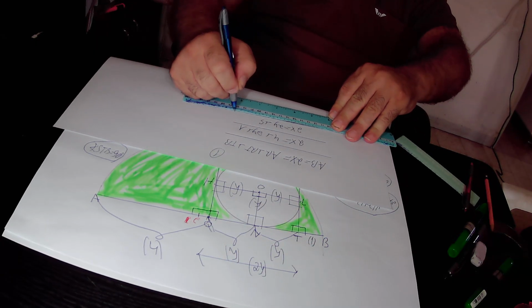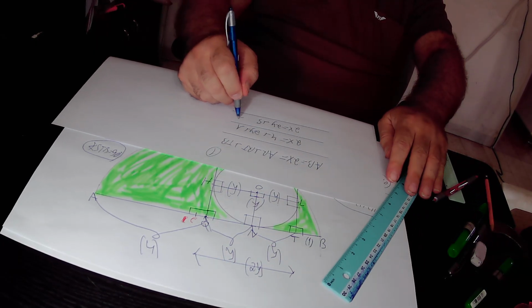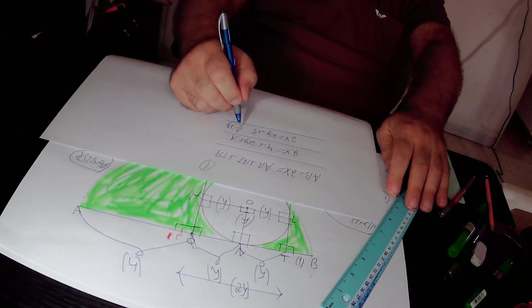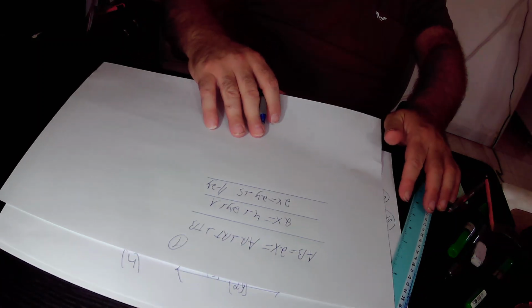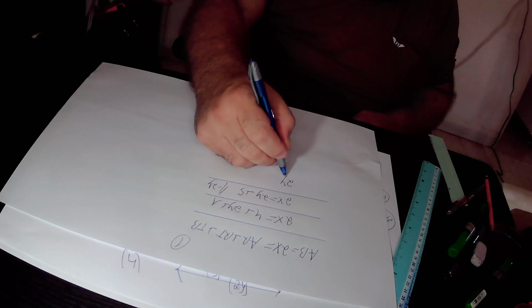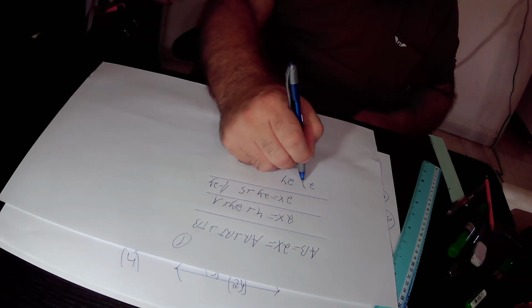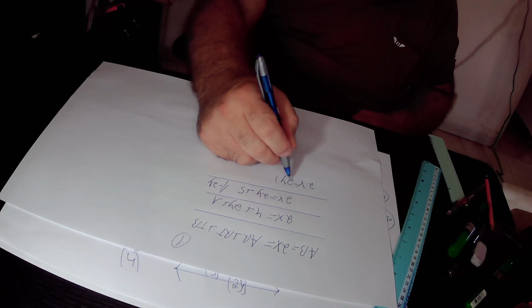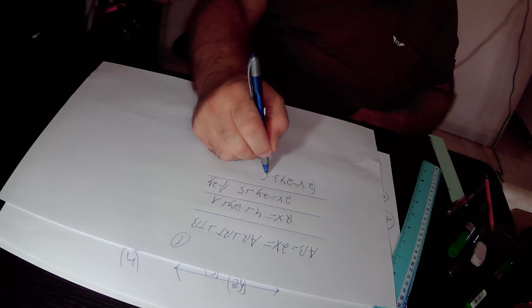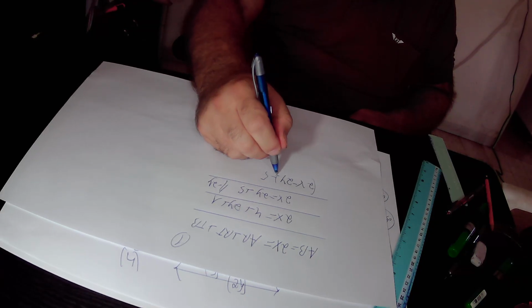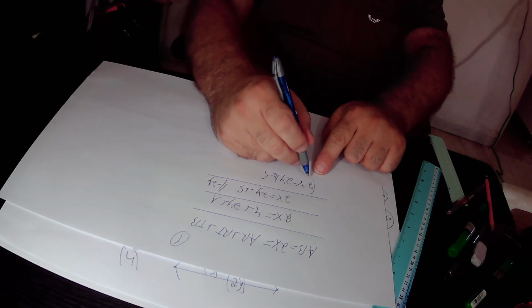Here we subtract 2y from this equation and we get that 2x minus 2y equals 5. Here we'll take out 2 as a common factor from those two expressions.